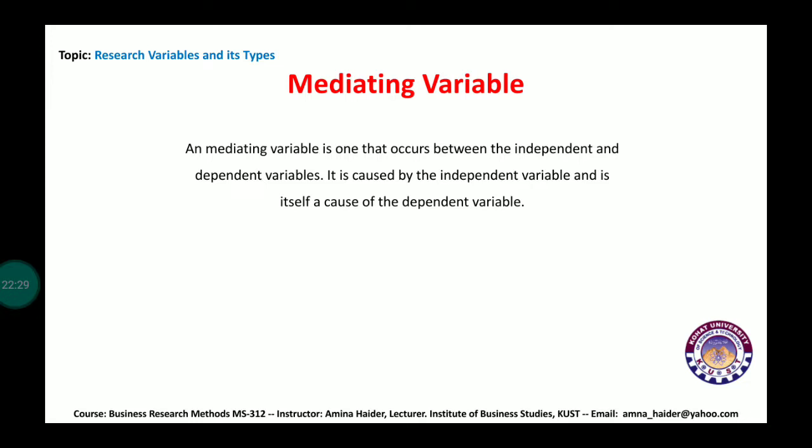But here, the mediating variable is explaining the relationship between the independent variable and the dependent variable. So it's actually the Y factor between the independent variable and the dependent variable.